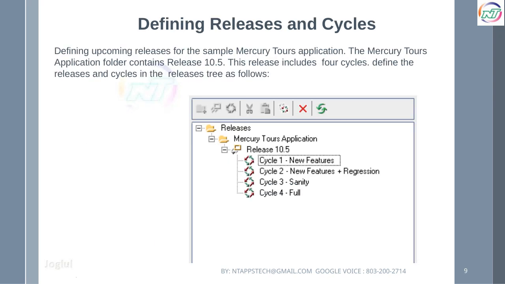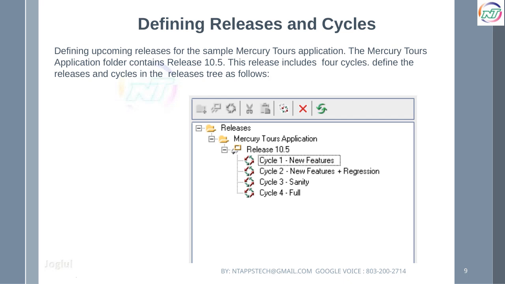The Mercury Tours application folder contains release 10.5, which is divided into 4 distinct cycles. These cycles help us organize the development and testing phases within this release. Cycle 1 focuses on introducing new features, while Cycle 2 also emphasizes new functionalities but includes regression testing to ensure existing features stay intact.